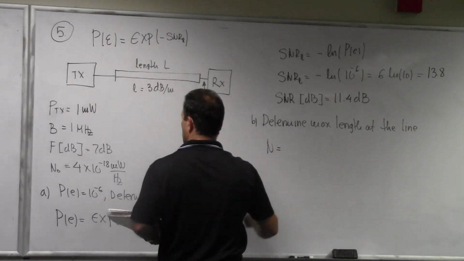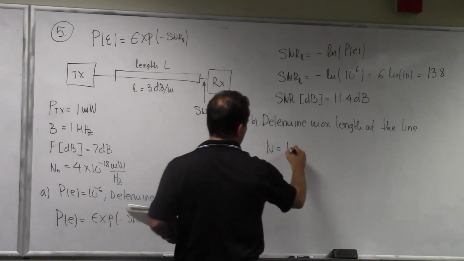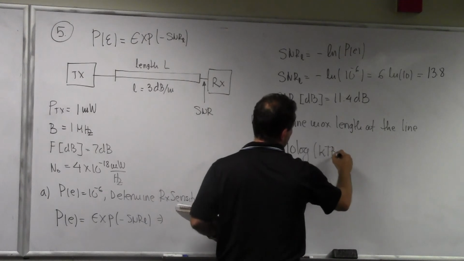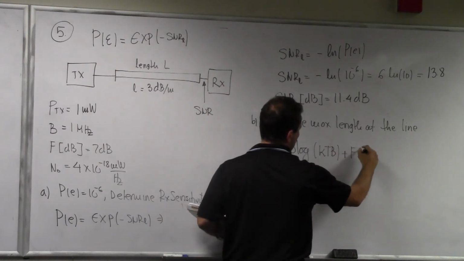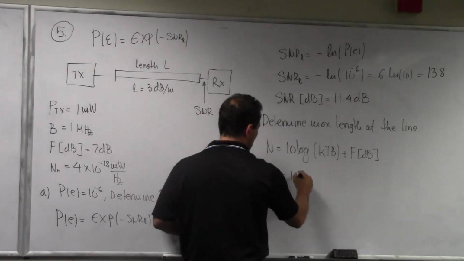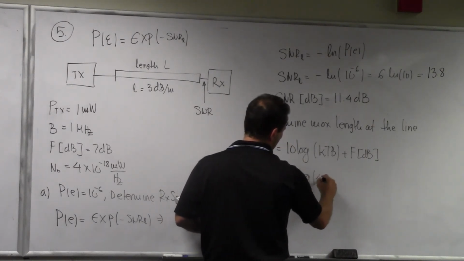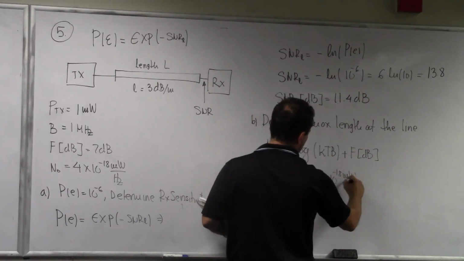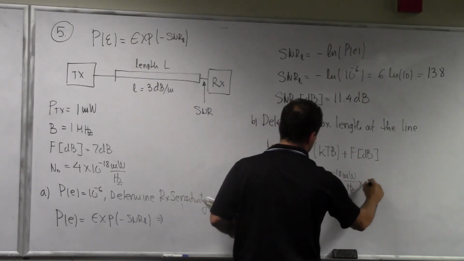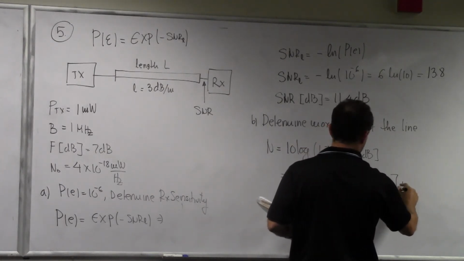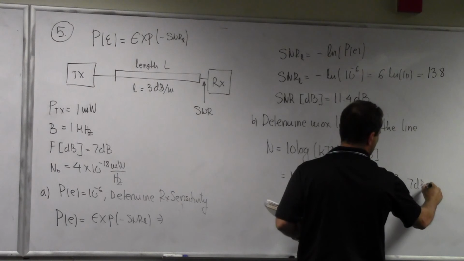Noise is going to be 10 log of kTB plus F in dB, which is going to be equal to 10 log of 4 times 10 to the minus 18 milliwatts per hertz times the bandwidth of 10 to the 6 hertz, plus the noise figure of 7 dB.